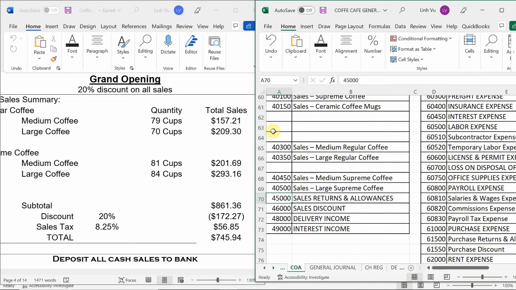My chart of accounts tells me that I have a sales account, but I want to be more specific and identify each one. So we're going to record all of those: sales for medium regular coffee, sales large regular coffee, sales medium supreme coffee, sales large supreme coffee. So again, starting with 4,300, 4,350, 4,450, 4,500.